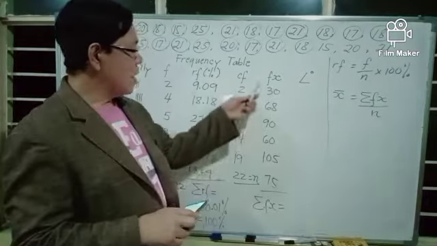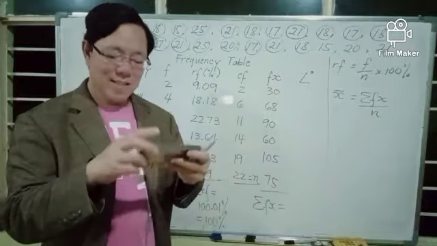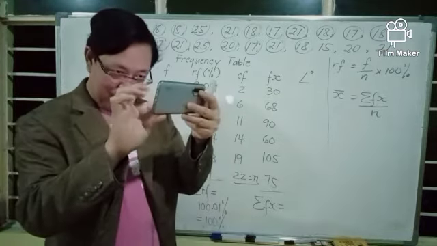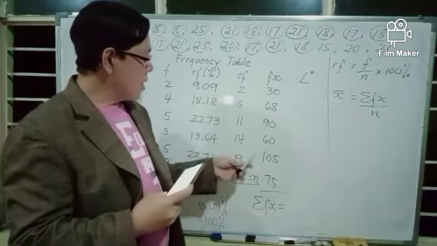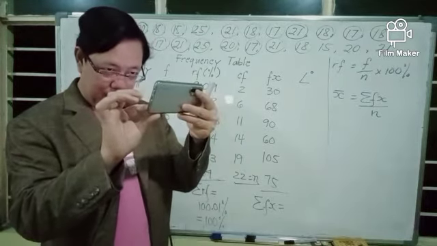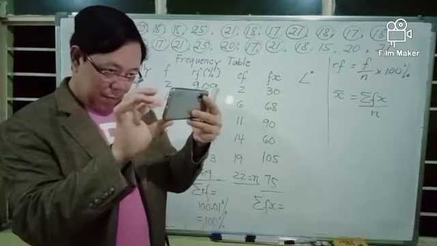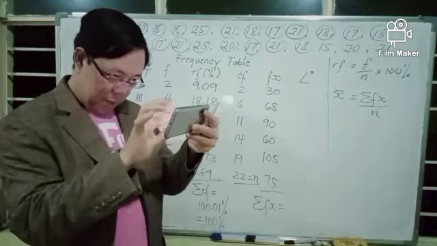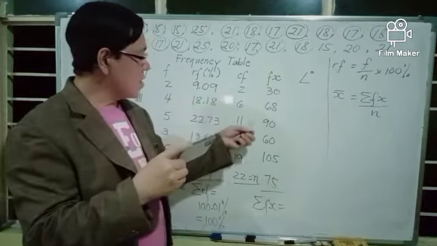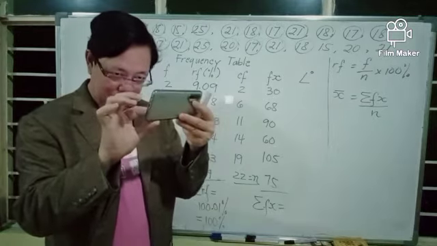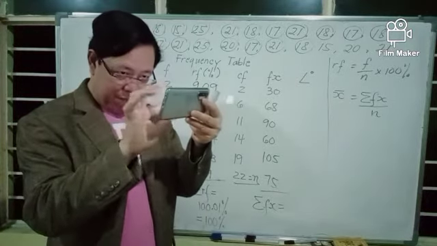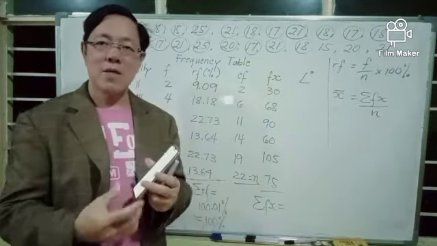We have 30 plus 68 plus 90 plus 60 plus 105 and plus 75. And you should get 428.